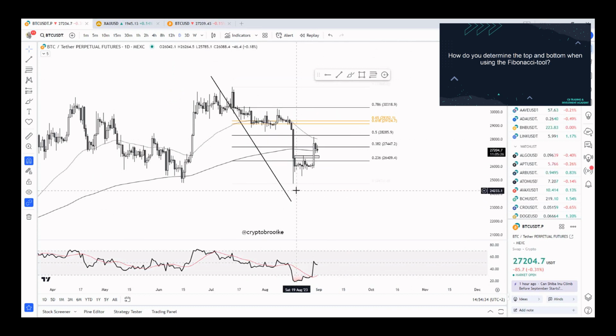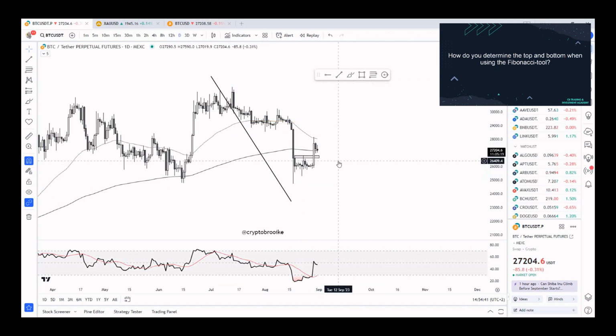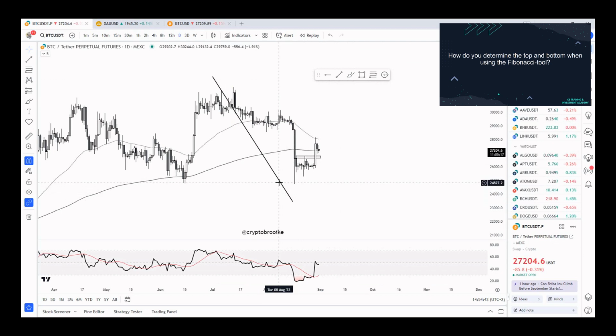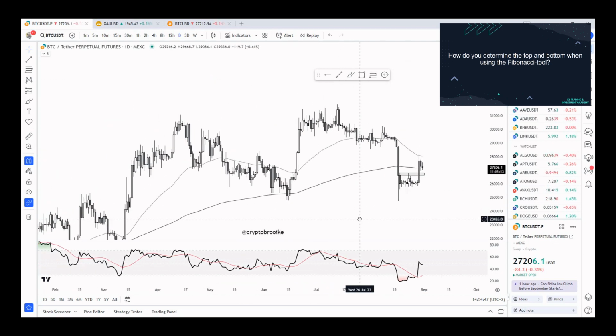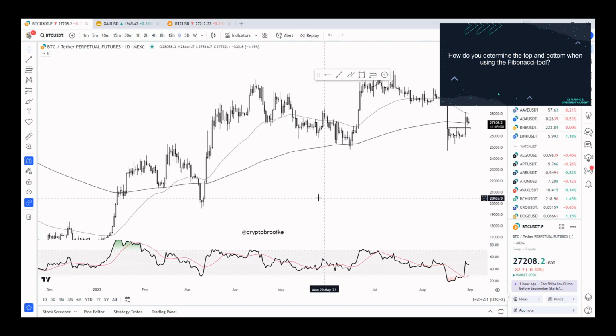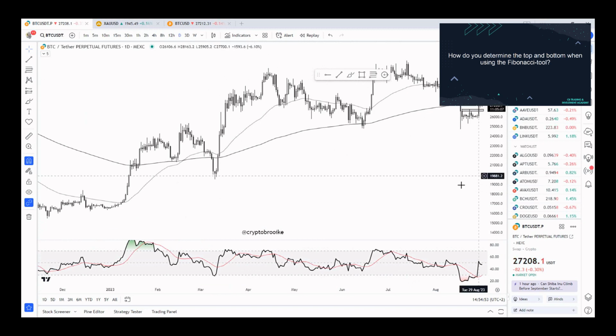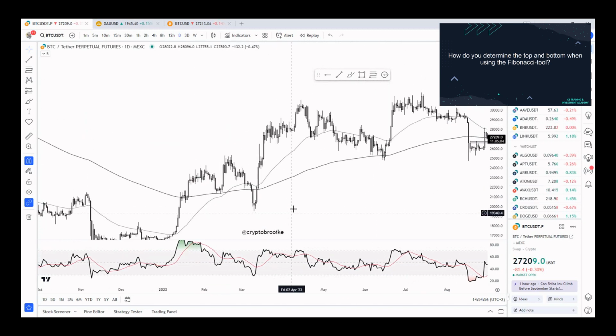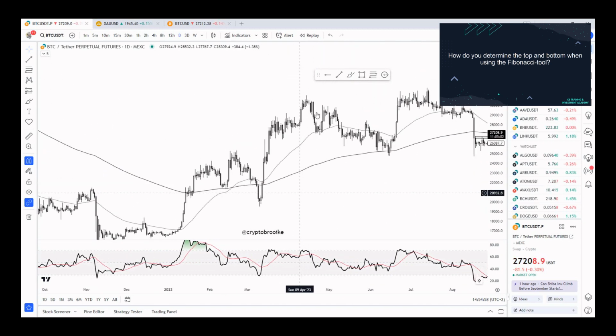That's the extension. Then you have the retracement. I think the retracement is more used, or is often used, more than the extension. What you do with retracements is you want to know where price retraces to after an up move. So let's say we have here the local low, and here we have the local high.